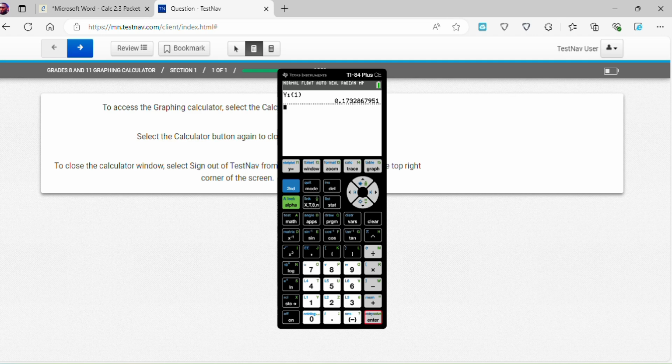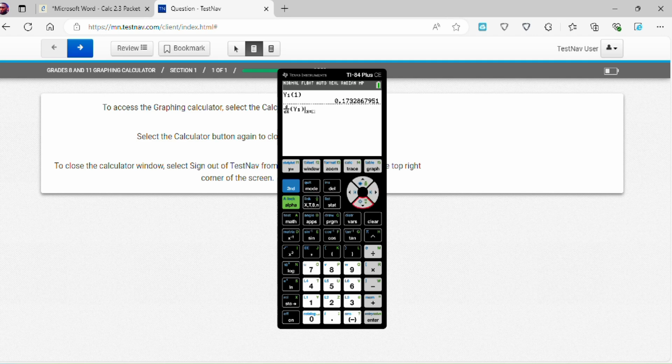Okay. And then we have to find our derivative at 1. So we're going to do math 8 with respect to x. And you can just put in y1. Remember, you go to variables, y variables, function, and then y1.